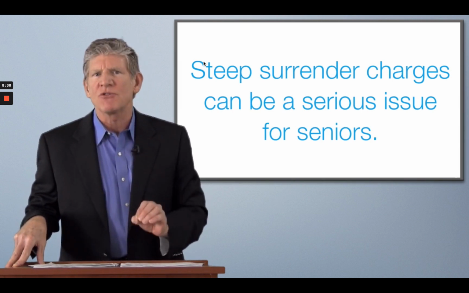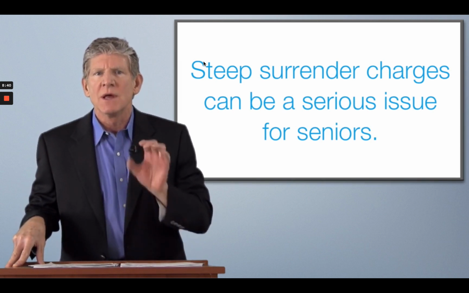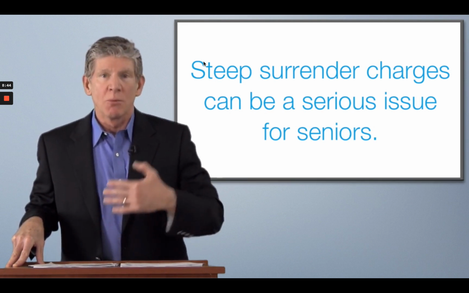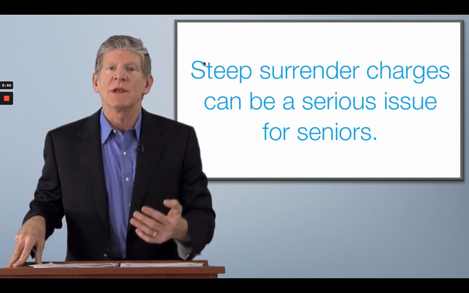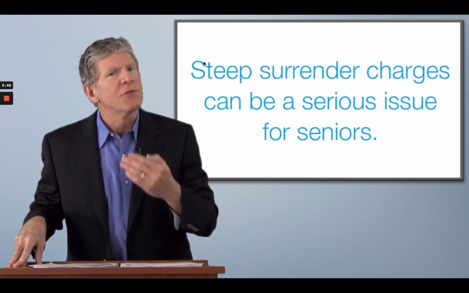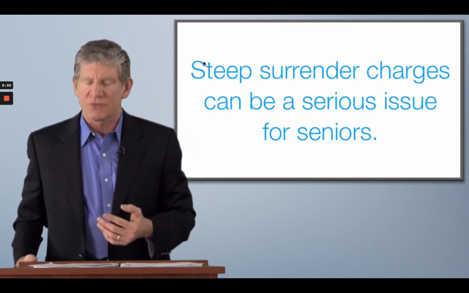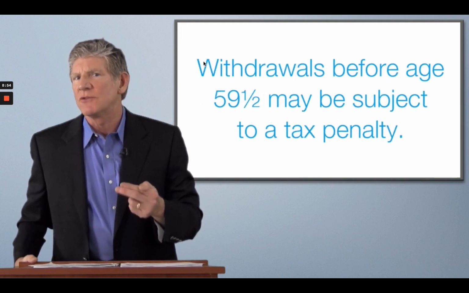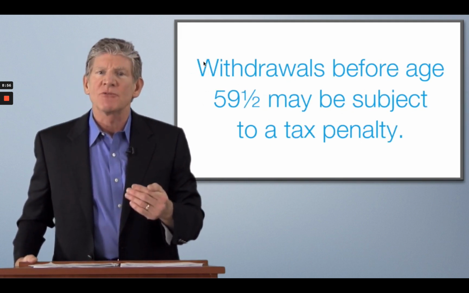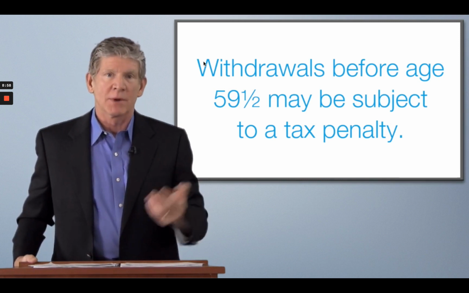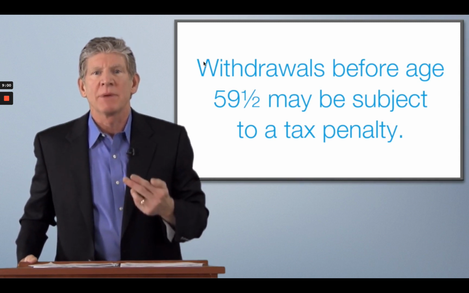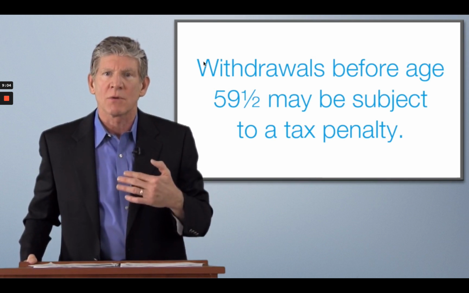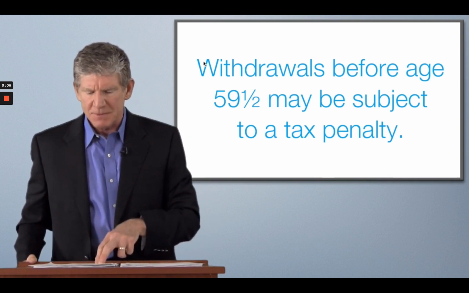So you want to make sure that when you're selling a deferred annuity, the buyer is in a position to either go beyond the surrender charge period, or if they need to withdraw the money, that they fully understand that there are surrender charges involved. Furthermore, withdrawals before age 59 and a half can be subject to not only regular income taxation, but a 10% penalty tax. Something else to consider for somebody that's thinking of taking a withdrawal from a deferred annuity.